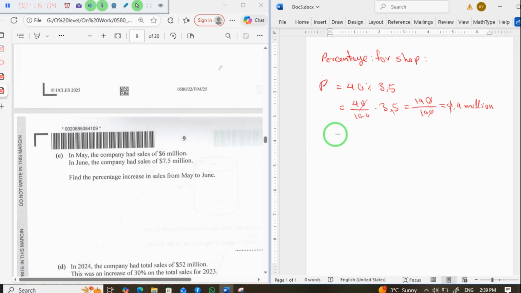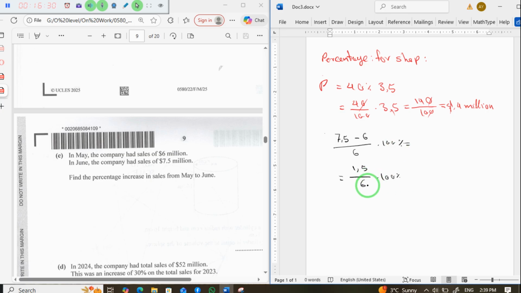We use this formula: 7.5 minus 6 over 6 multiplied by 100. Then we calculate this one. 7.5 minus 6 is 1.5, over 6 multiplied by 100%.